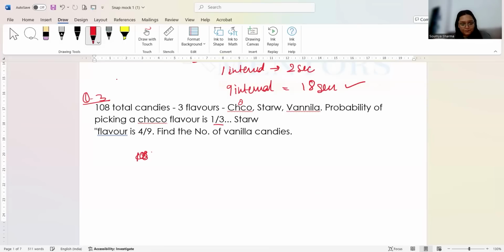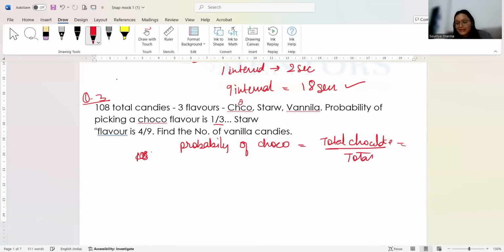Okay. I know that the probability of a chocolate flavor candy will be total chocolate candy upon total candy. So this is 1 by 3. I know the total, so can I get the chocolate candy to be 1 by 3 into 108? Right.